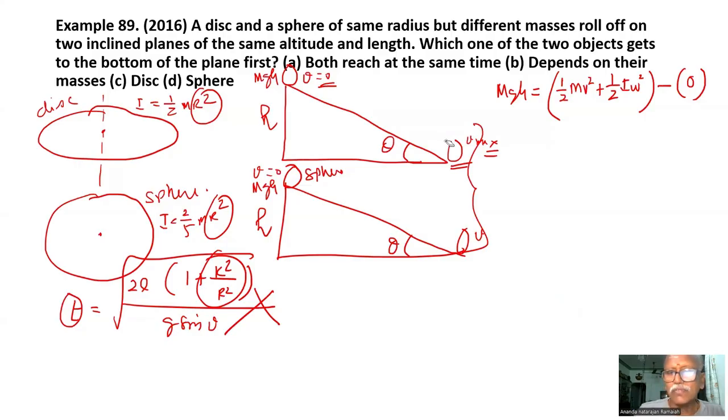If we know the velocity at this point, we can substitute; otherwise we cannot. One minute, I will solve it on the board.